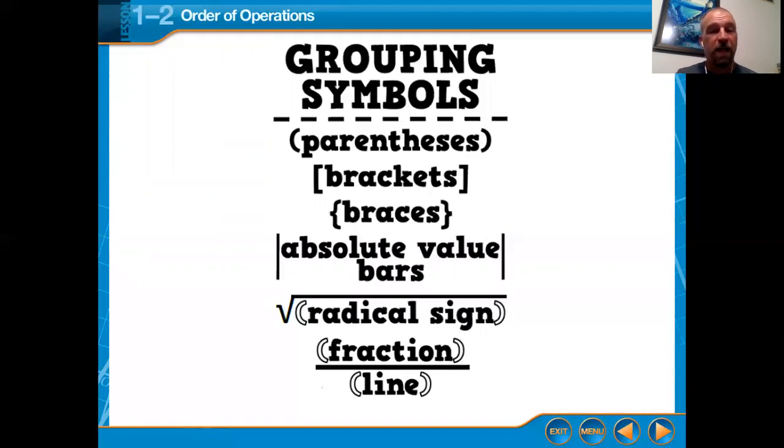But if this fraction bar says like 10 plus 6 on top and then 2 on the bottom, the first thing you would actually do is 10 plus 6. So you're going to add before you do the divide by the fraction bar, because the fraction bar creates basic parentheses or groups in the numerator and denominator. See how they have the parentheses inside, kind of surrounding the words fraction and line. So we'll see one of those in a few minutes.